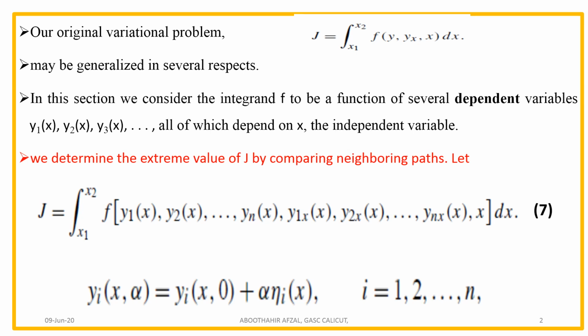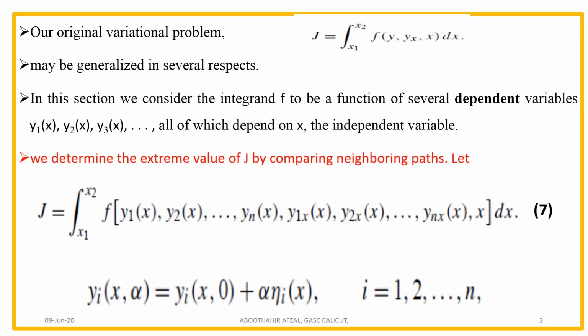So yi(x, alpha) is yi(x, 0) plus alpha into eta_i(x). Here eta refers to delta y, but alpha is a parameter. Eta is nothing but delta y. Where i is a running counting number, where the different dependent variables are considered.